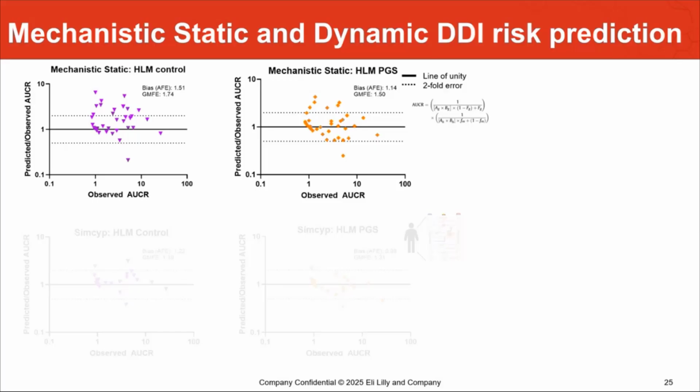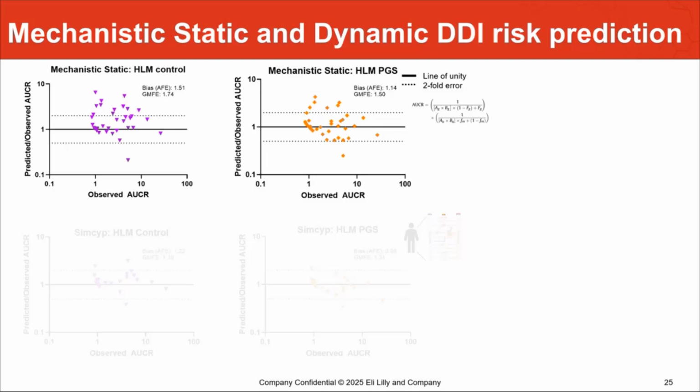And starting with the mechanistic static model, for the clinical victim substrates, so whatever the substrate was in the clinic, we used its FG and FM. And we used the model that was proposed by Singh et al., where we're using a concentration for the gut and the liver that have been optimized to give us better drug-drug interaction predictions.